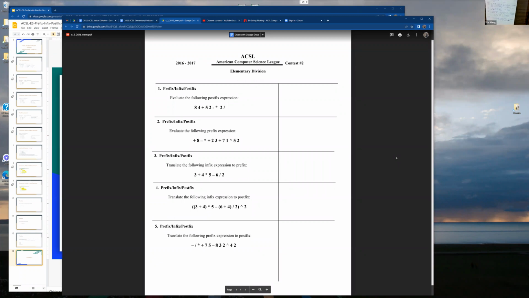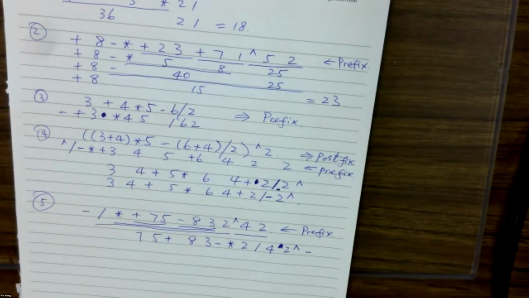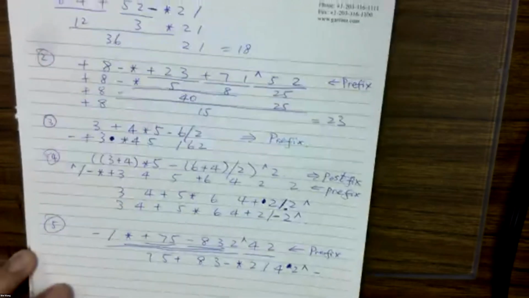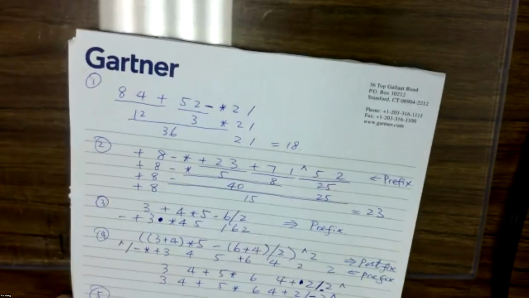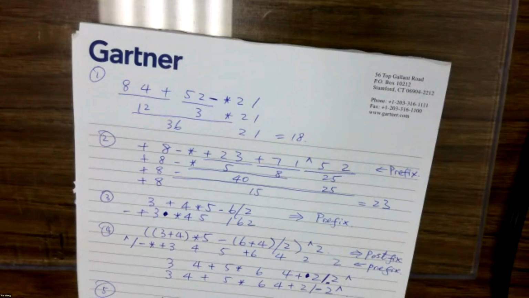But if you guys want to go through this, let's go through this very quickly. Okay. So question number one. Again, I basically underline the parts that I can work on immediately, right?